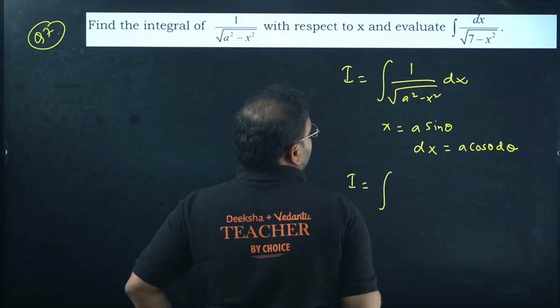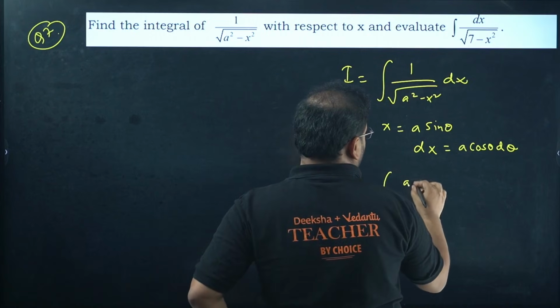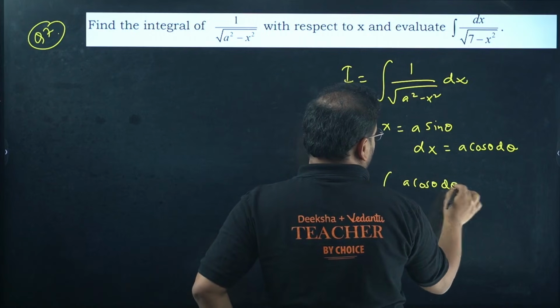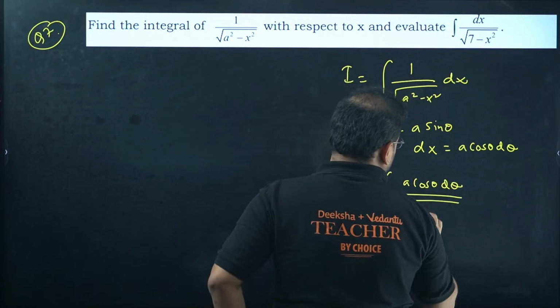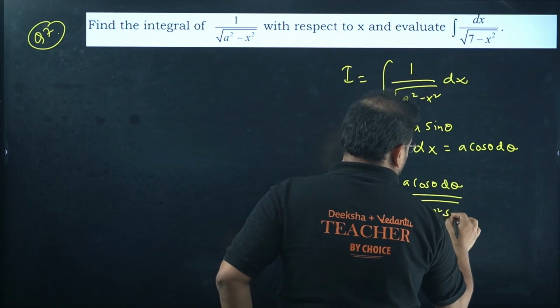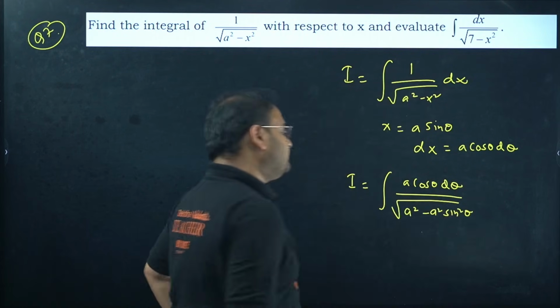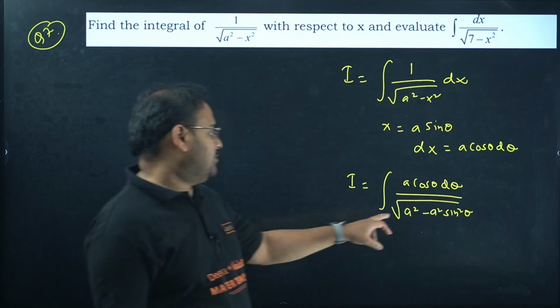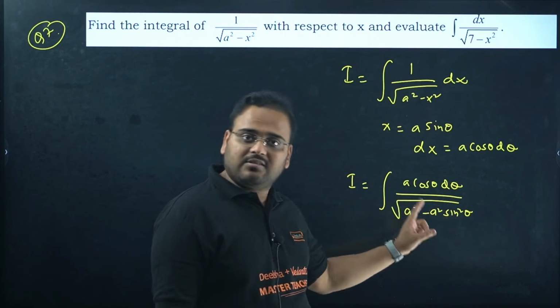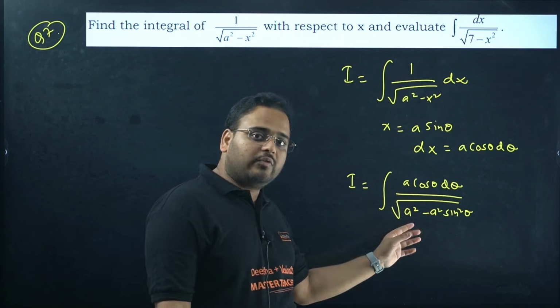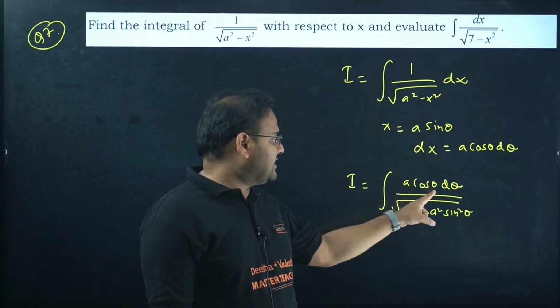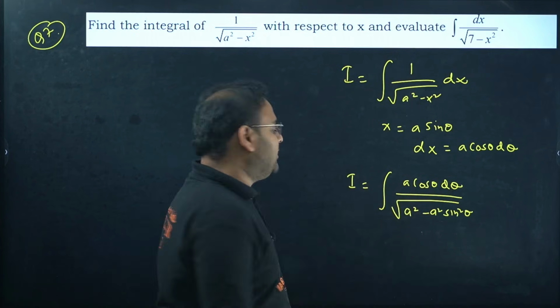I equals a cos theta d theta, and you'll have over here integration of a square minus a square sine square theta. Solve it. This will become a square times 1 minus sine square theta, that is a square cos square theta. The root will apply, a cos theta, and the same in the numerator will cancel.